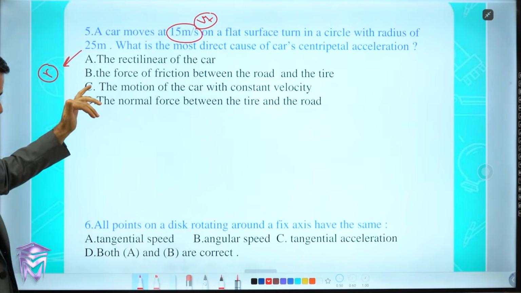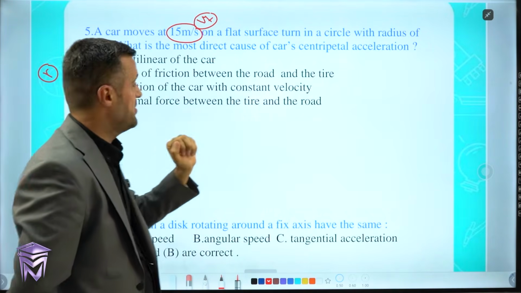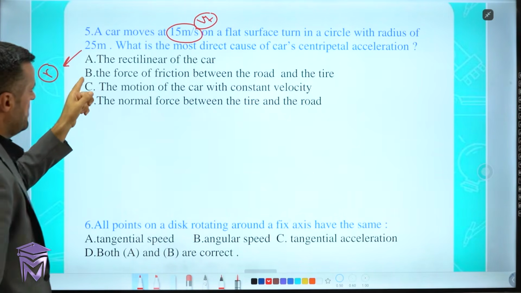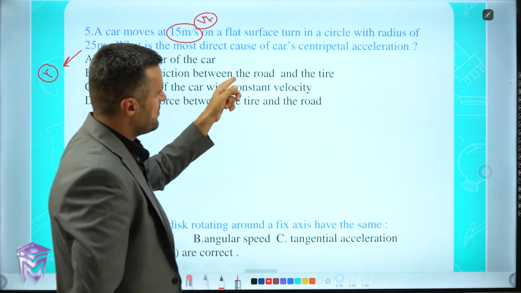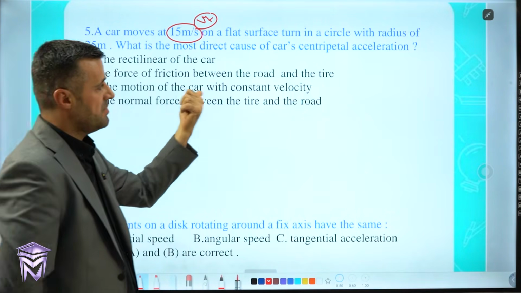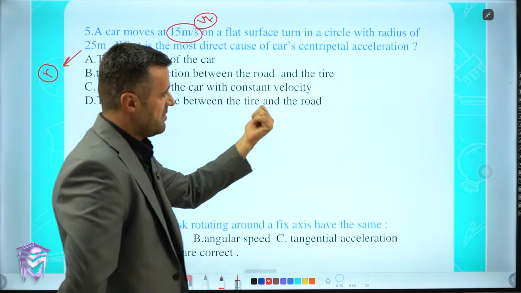Which of the following causes centripetal acceleration? The rectilinear motion of the car, the force of friction between the road and the tire, the motion of the car with constant velocity, the normal force between the tire and the car.